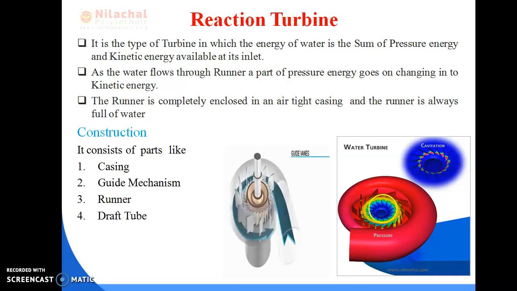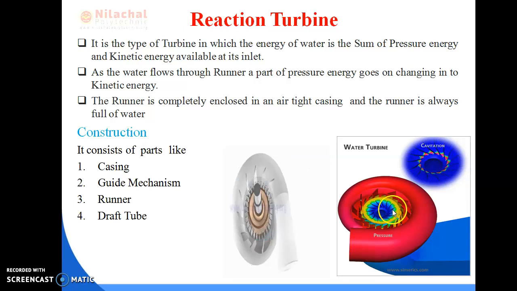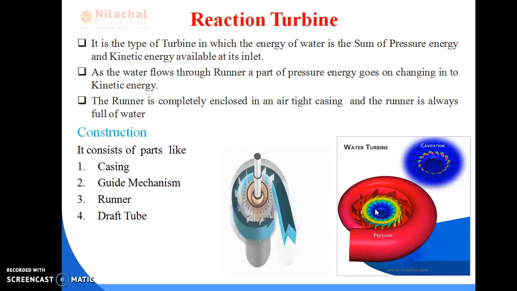The runner is attached to the shaft. This middle part or center part is known as the shaft. Due to the rotation of the blades, the mechanical power is produced, and we are getting the electrical power at the generator shaft.